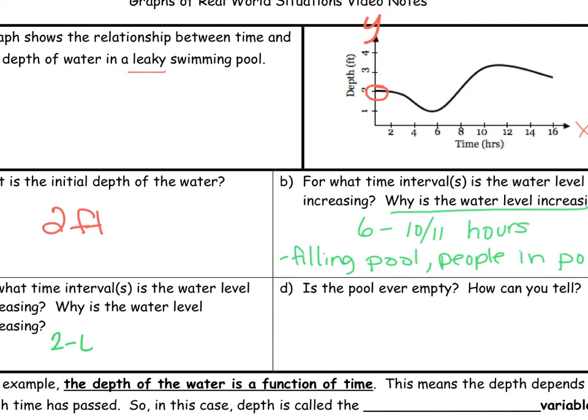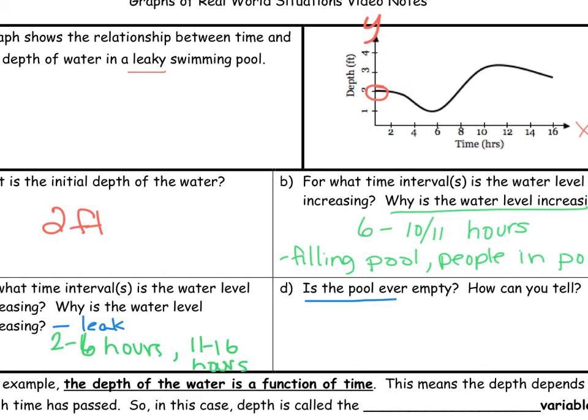There's also another decreasing interval, and somewhere around 11 hours the water in the pool starts to decrease as well. So between 2 and 6 hours, and also between 11 and 16 hours. Letter D, why is the water level decreasing? And we said that there was a leak in the pool.